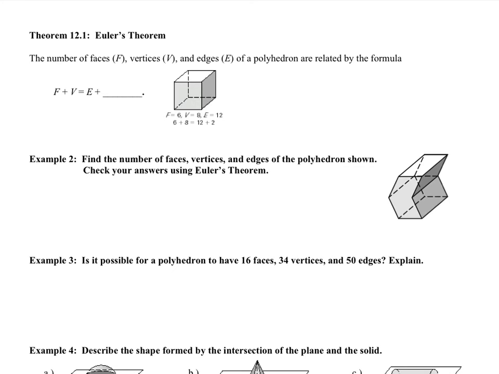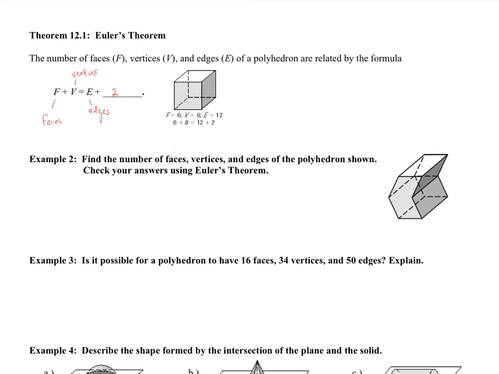Theorem 12.1 is Euler's theorem, and it's actually a formula that's very useful. It states that the number of faces, vertices, and edges of a polyhedron are related by the formula F plus V, the number of faces plus the number of vertices of a polyhedron, is equal to the number of edges plus 2.